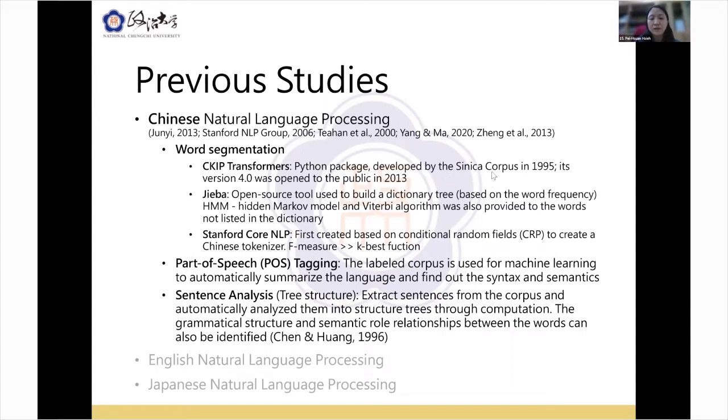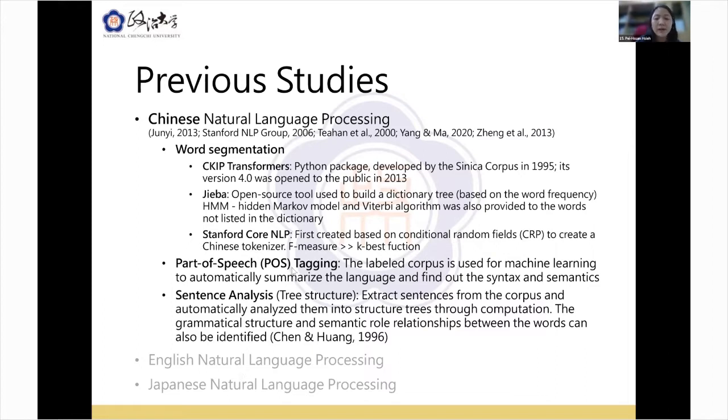The newest version, version 4, is out right now. You can download it. It is open data, and you can also use this one, this one, and this one. But we specifically use this model for Chinese, and you can also use the Stanford one for English, of course. Later on, you'll see that.